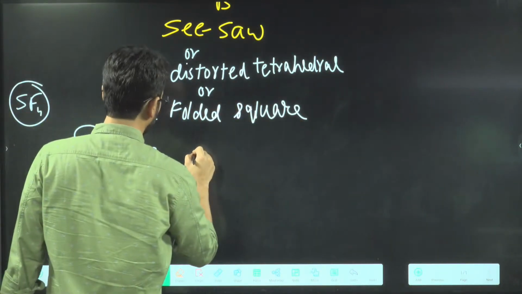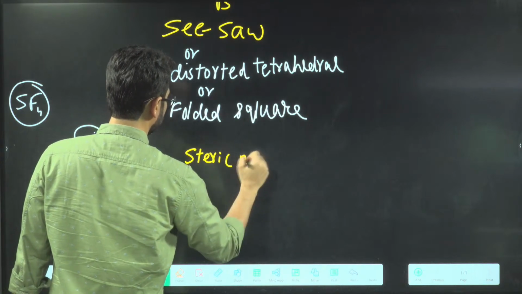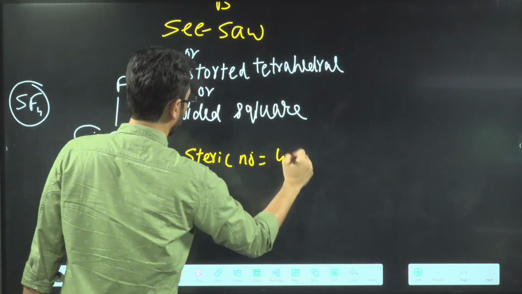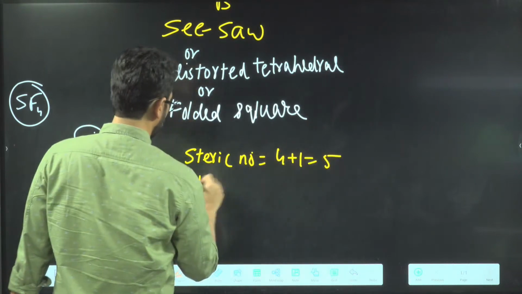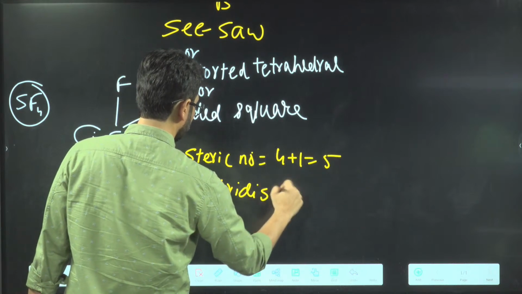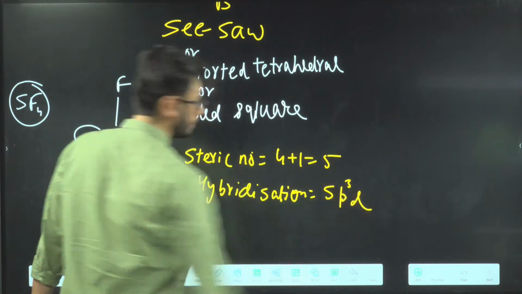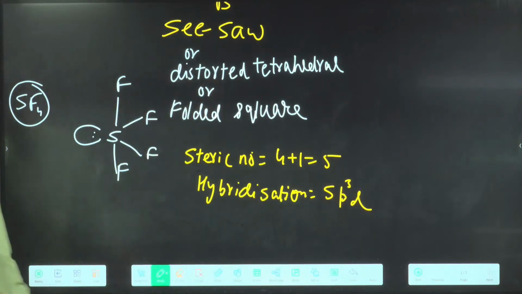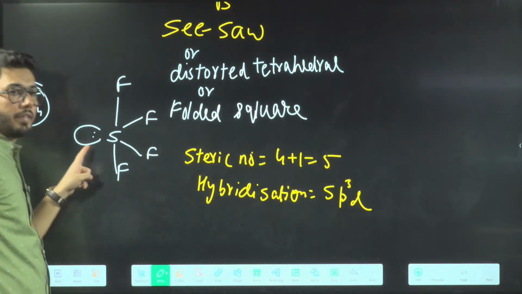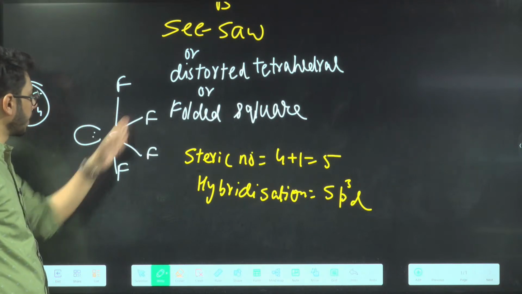If I talk about hybridization, or the steric number, it will be 4 plus 1, 5. Hybridization will be sp3d. Okay? And the lone pair will occupy which position? Equatorial, any of the equatorial. Here, there, all are the same.